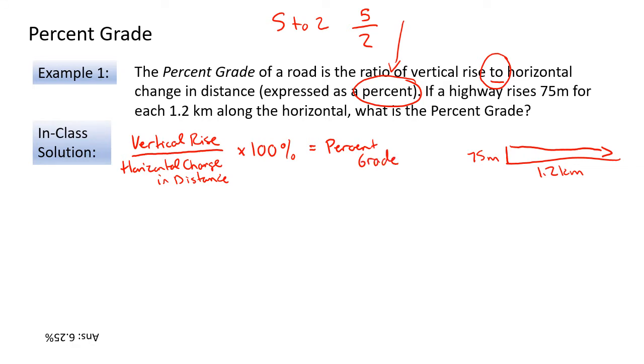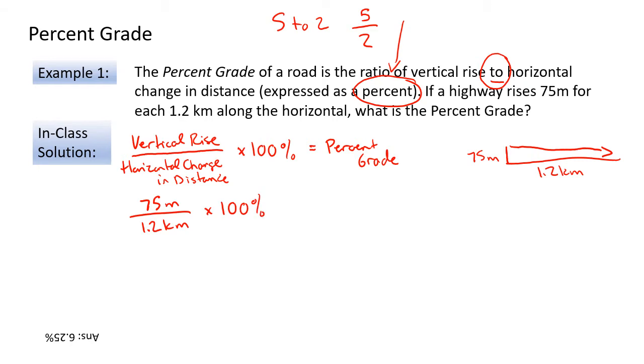Okay? So keep in mind, we can now just substitute our values in. So we've got our vertical rise, 75 meters, divided by our horizontal change in distance, 1.2 kilometers, and that's multiplied by 100%.